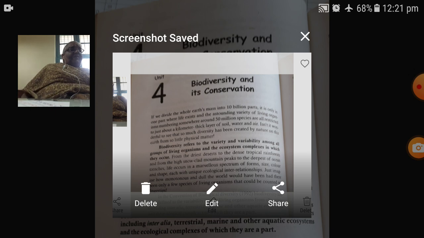Okay? The whole study of all this constitutes what is known as biodiversity. So to put it in a nutshell, your answer should be: biodiversity refers to the variety and variability among all different groups of living organisms and the ecosystem complexes in which they occur.